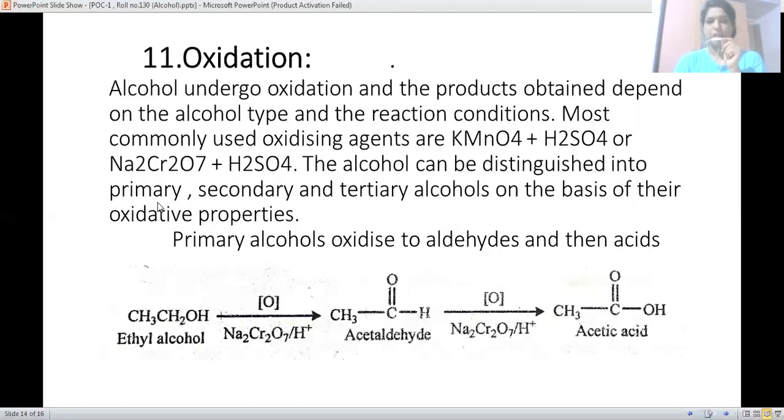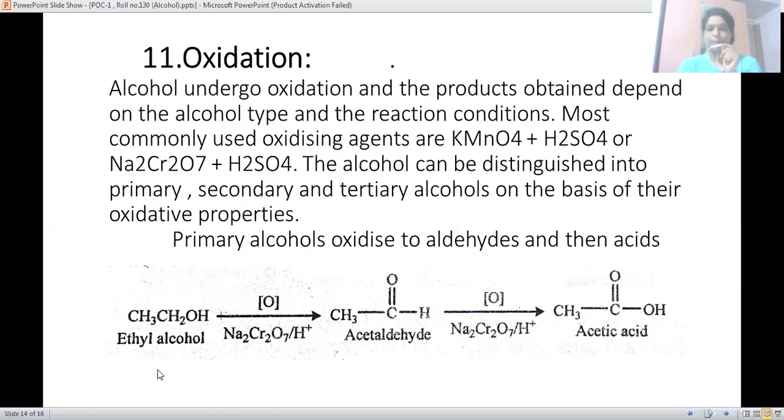Then oxidation. In the oxidation of alcohol, certain oxidizing agents are always required, such as sulphuric acid, potassium permanganate, sodium chromate, sulphuric acid. With this combination, all types of alcohol, primary, secondary, tertiary, get oxidized as per their properties and always synthesize aldehyde and then acids.